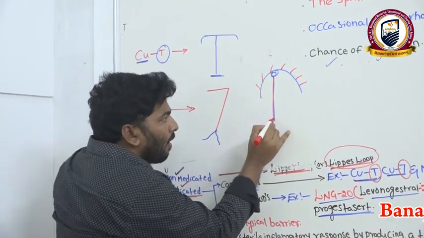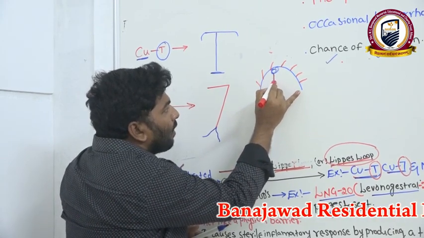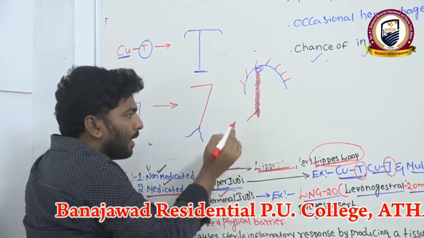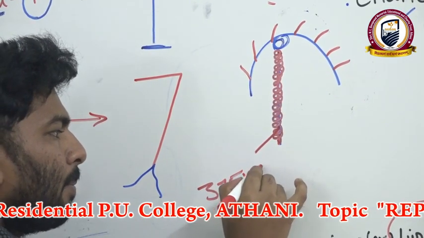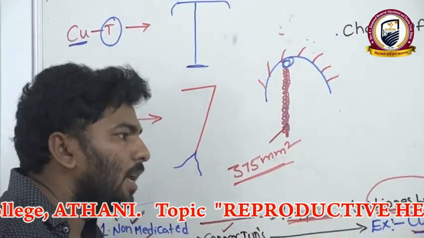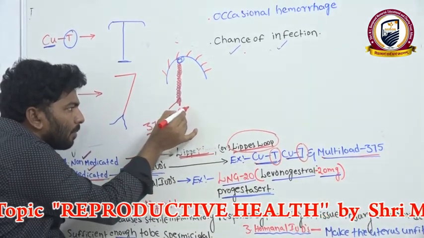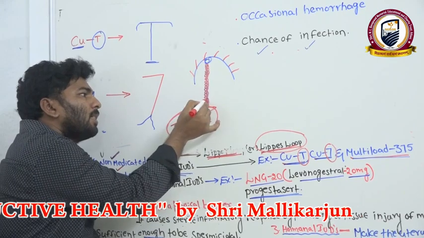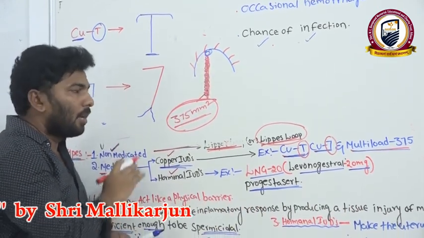This stem is wrapped with copper wire. The wrapped area is 375 square millimeters, so it is called multi-load 375. 375 means nothing but 375 square millimeters. The copper wire is wrapped around the stem of the IUD. Clear? Are you getting it now?